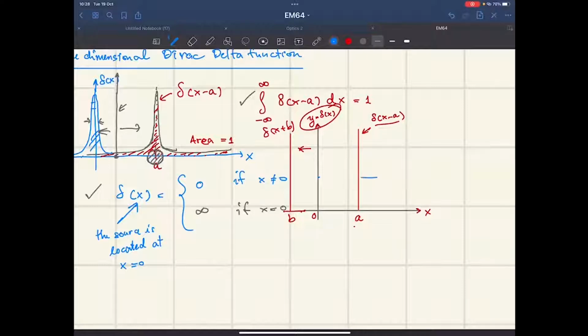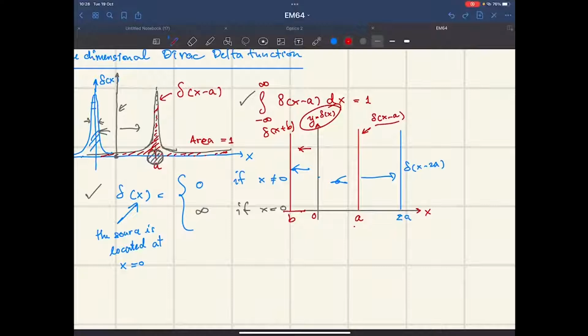So you can move your source around here. If you move it here, you can say that this thing is 2a, and your Dirac delta function becomes that. And if you move away to the other side, it becomes x plus b. This is what I told you before it went off, I believe.